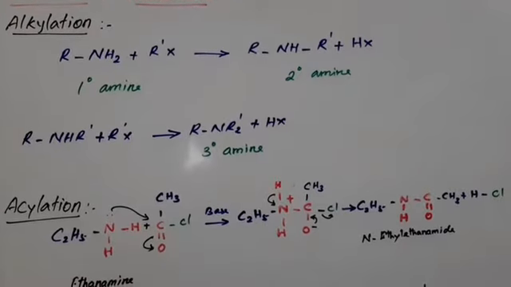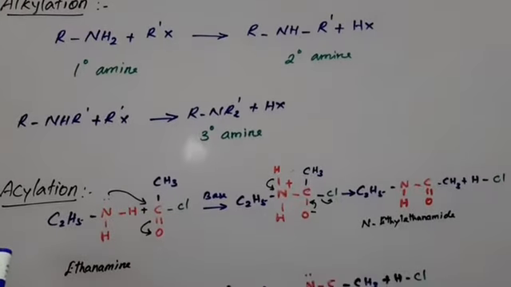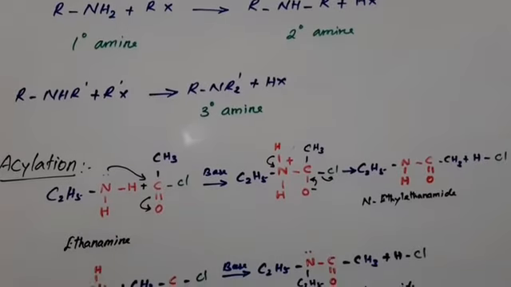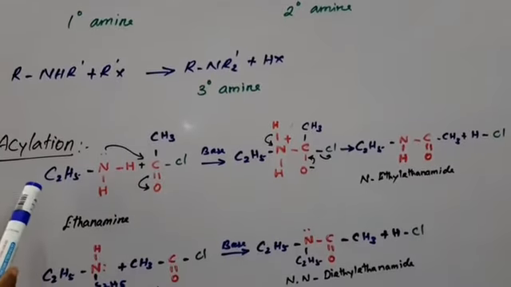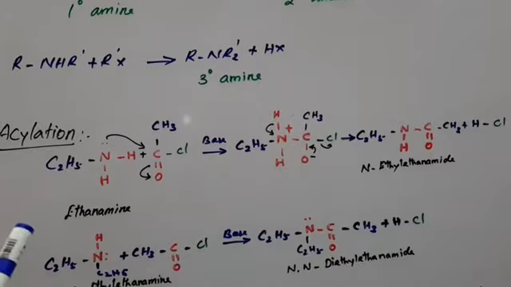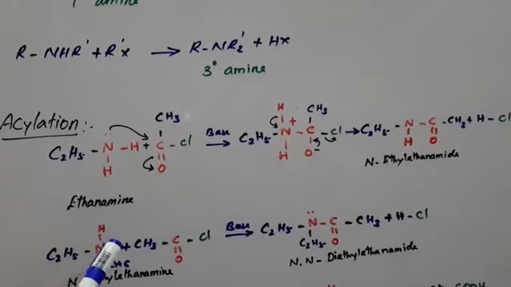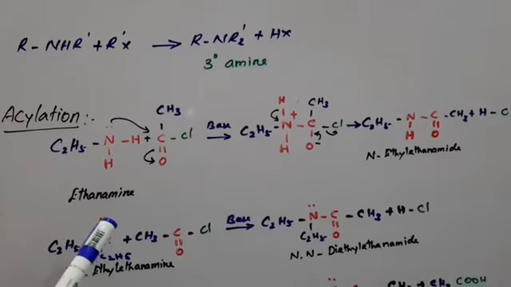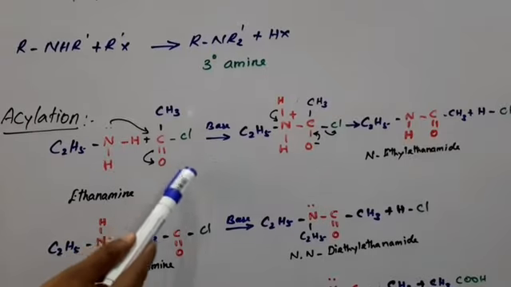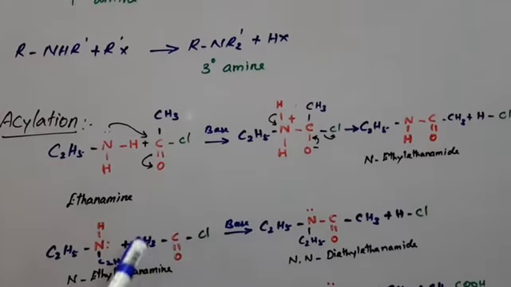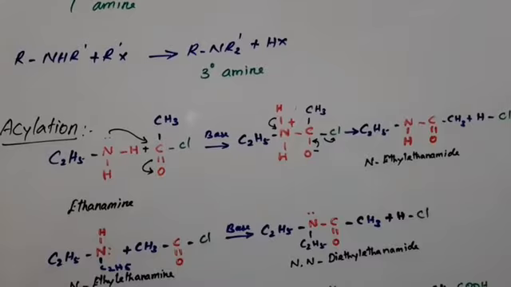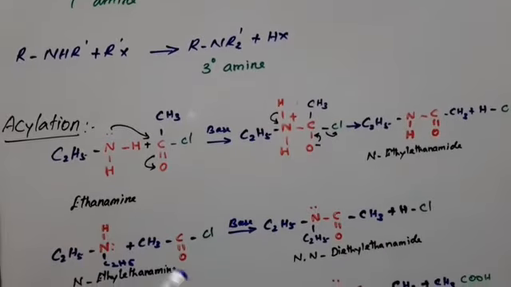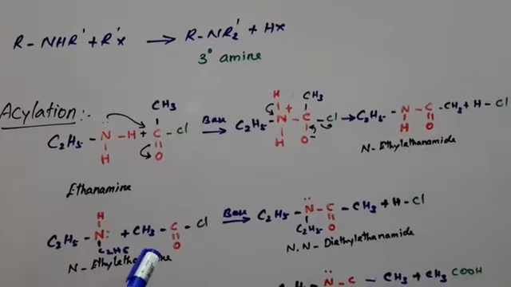Now acylation. What do we mean by acylation? Aliphatic and aromatic amines, primary and secondary amines, react with acid chloride, acid anhydride or esters by nucleophilic substitution reactions.